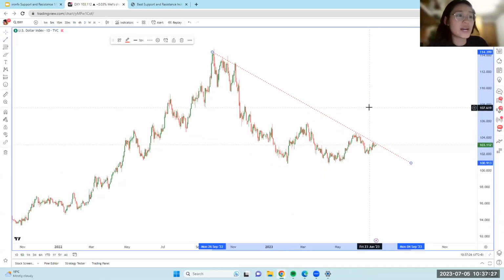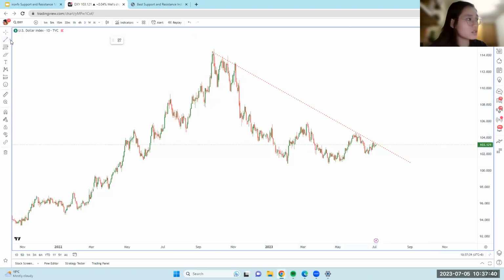We start off by identifying if there are any trend lines or trend channels. Over here, I have a descending trend line. Next, I'm going to go in with my support and resistance levels.